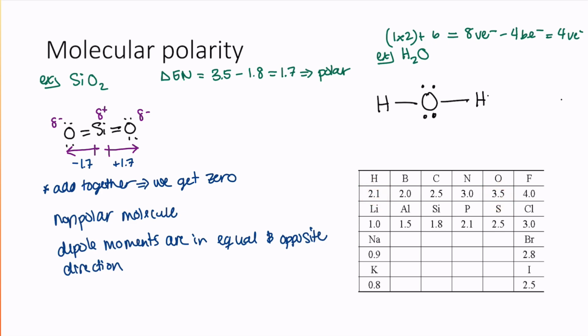So I know there is going to be a dipole moment going from the hydrogen to the oxygen, and then it's going to be going from the other hydrogen to the oxygen as well. If I draw it in this way, it looks like they are equal and opposite.